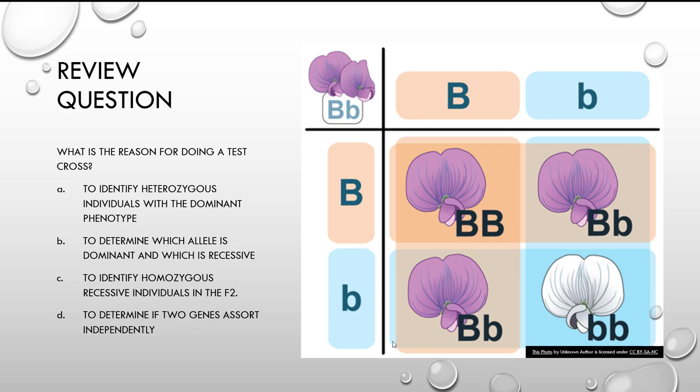So why do we do a test cross? If you chose A, I would agree with you. It's to figure out what the genotype is for those with the dominant phenotype, so to identify if it's heterozygous or homozygous dominant. A.